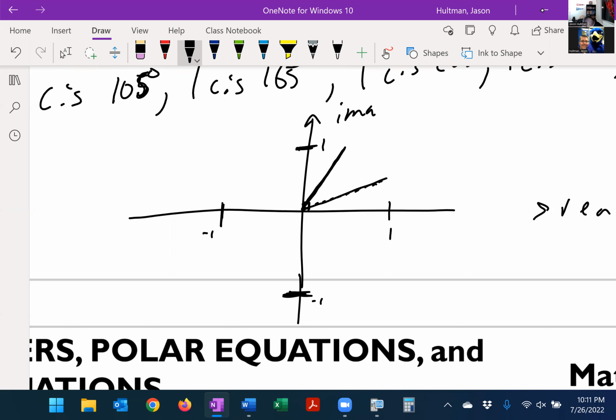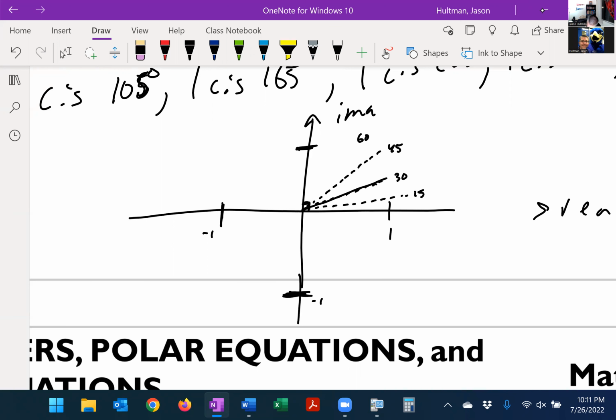Now, what happens if I split the 30° angle in half? I get a 15° angle. What happens if I split the next portion in half? I get a 45° angle. So this is 15, 30, 45, 60.